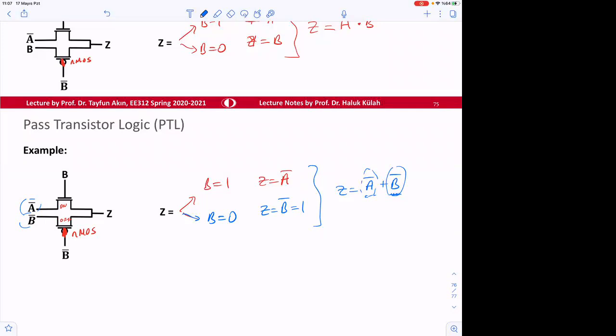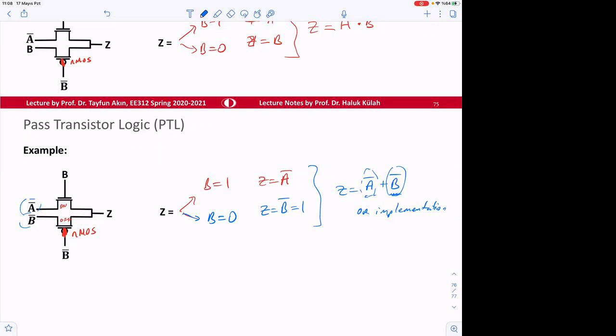Those were the inputs, right? Instead of A bar, you can use the inverse of these things, but this is an OR implementation.